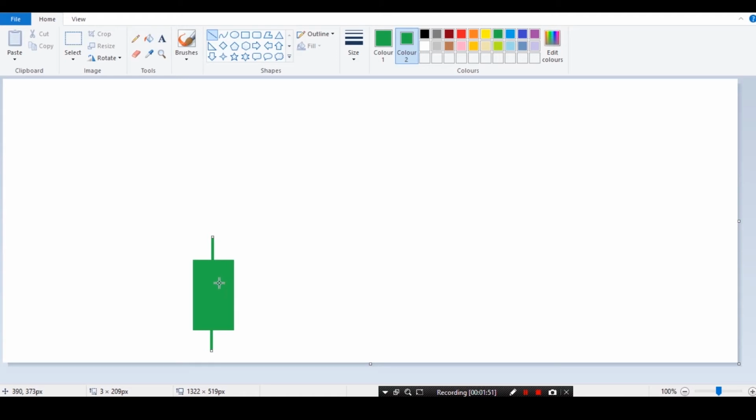Usually, when the chart is creating itself and a new candlestick forms after a candlestick closes, it usually opens on the same level as the previous candlestick's close. So this is a bullish candlestick. There is its open, that is its close. So the next candlestick should start forming and its open should be right next to the close of the previous candlestick.